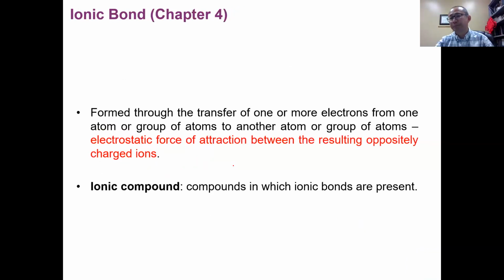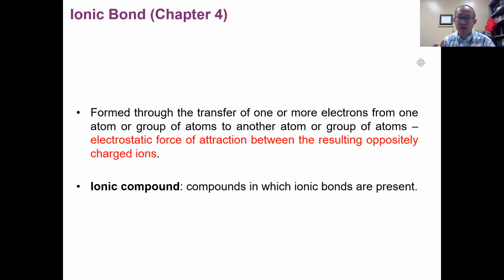Like I said, we have two chapters discussing these chemical bondings. In chapter 4, we're going to talk about the bonding resulting from transfer of electrons from one atom or one group of atoms to another atom or group of atoms, resulting in electrostatic forces between the charged species, because after you transfer electrons, you get charged species, and we call them ions.